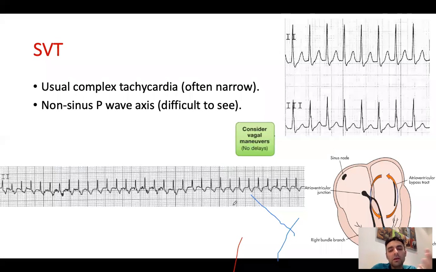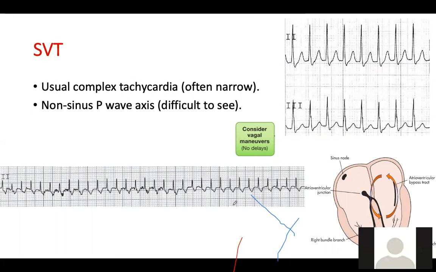SVT is a usual complex tachycardia. Meaning if the patient has repaired tetralogy and a baseline right bundle branch block, then his tachycardia would be wide complex because his baseline QRS is wide. In other words, use the term usual complex tachycardia because it may be wide but still SVT.